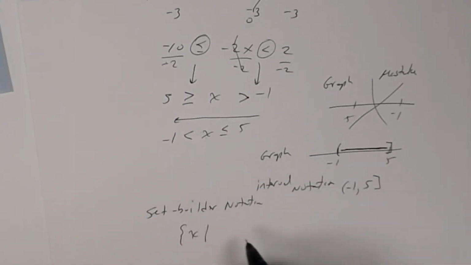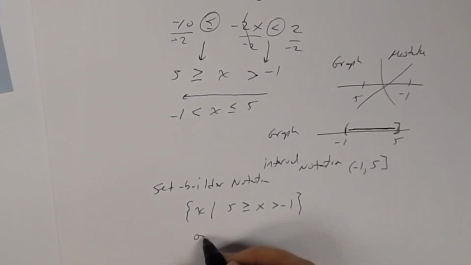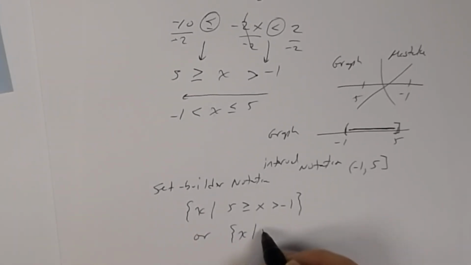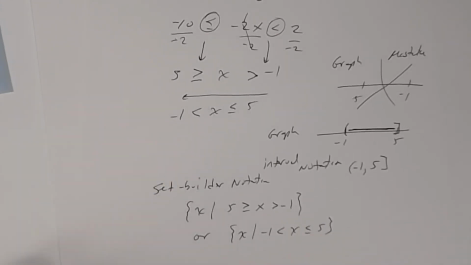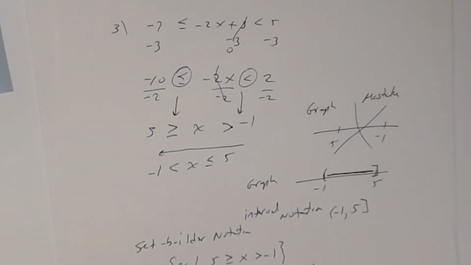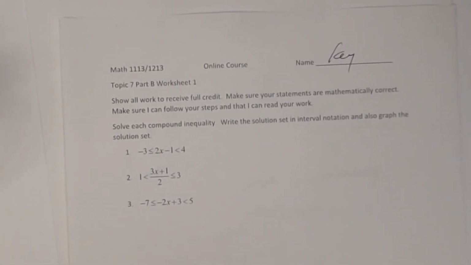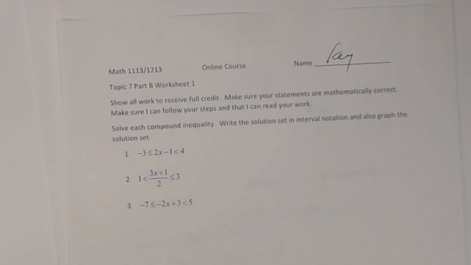So such that 5 is greater than or equal to x is greater than -1. Or you could have said the set of x's such that -1 is less than x is less than or equal to 5. Does not matter. Okay? All right, so that's going to take care of the key to Topic 7, Part B.